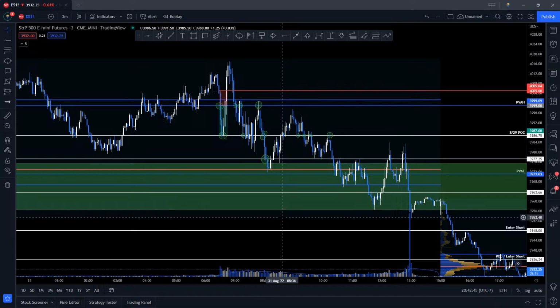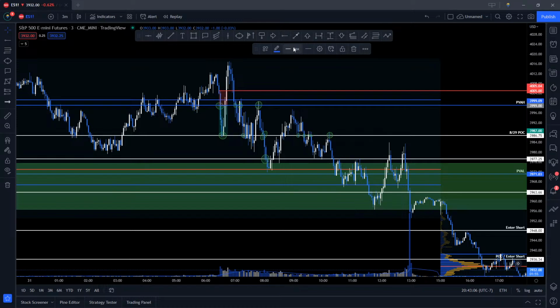It's a set level on the chart that, if 10 of us on this live were to draw our value areas high and low and our POCs, they would all show up at the same level, maybe a few cents off here and there. But, and this actually brings up something. I use 2 points because 2 points lines up with the lines that are on the chart, just so you guys know.